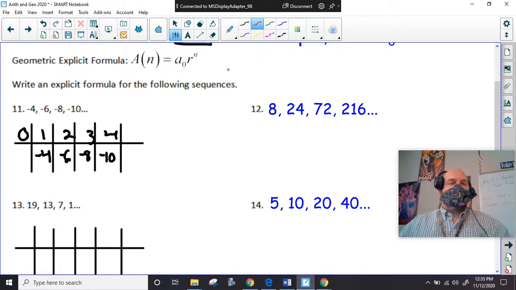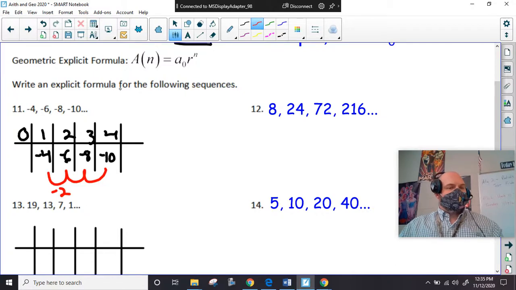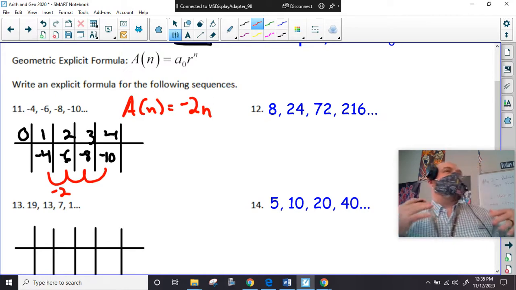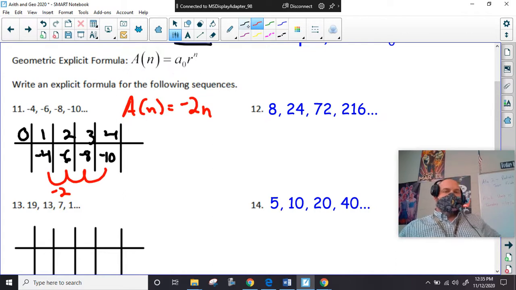Now, what are we doing each time to get to the next term? Yeah, we're subtracting 2. So we know this is going to be arithmetic. So we're going to have a of n, which is -2n, because there's our slope. Now we need to find this term right here.